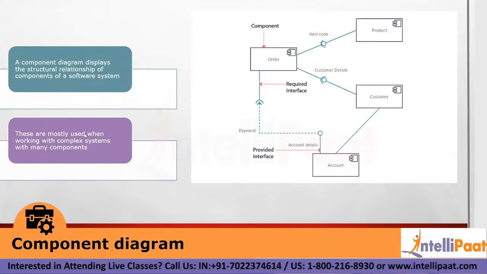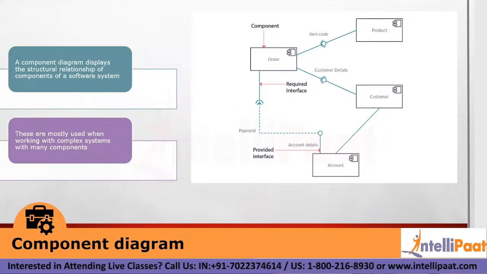So this is mostly used, especially when you are working with very complex systems where you have multiple components involved. A simple system, a simple software, like say a login system or an attendance system, might not have that many components compared to a system like, let's say, Amazon, which deals with product management, order management, customer management, account management.